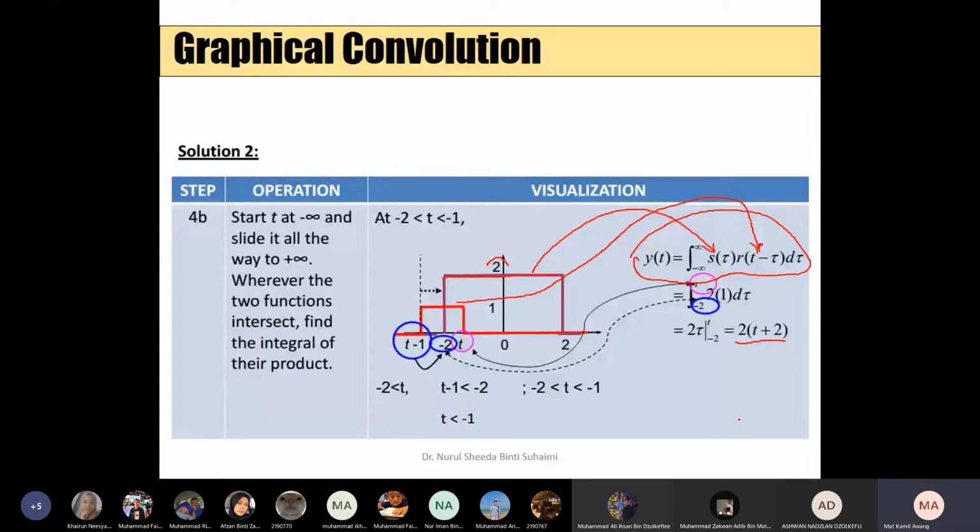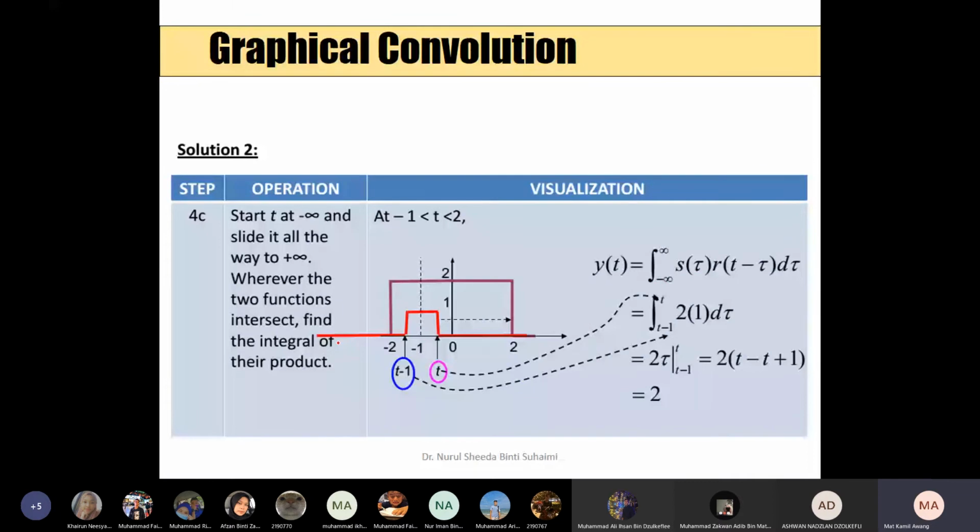Then you draw. This is basically still continuing from just now, so still step 4. At this point, from t minus 1 to t, the function is still the same, so you get 2 until it reaches the intersection here.